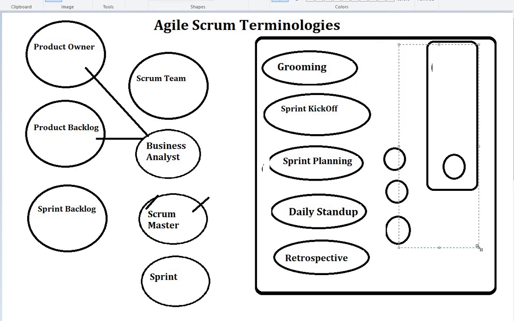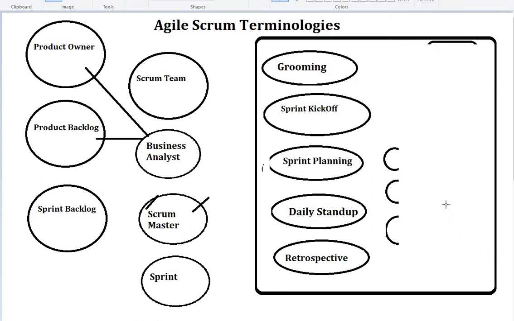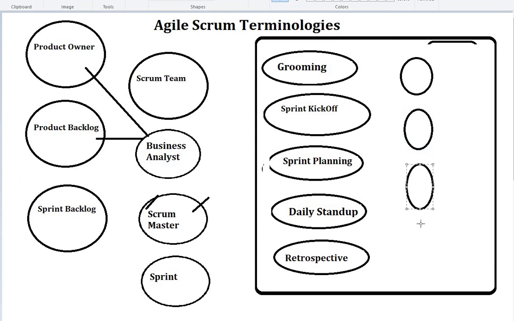The first meeting is grooming. What is grooming? Grooming is when you have a list of stories, so many things that the business analyst defines as individual user stories. Each user story will have the requirements, with all of the acceptance criteria and what the product owner is looking for.